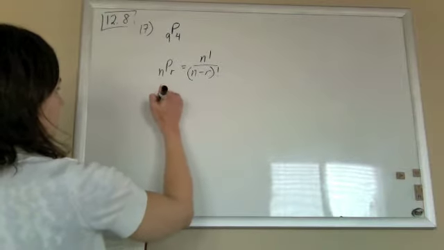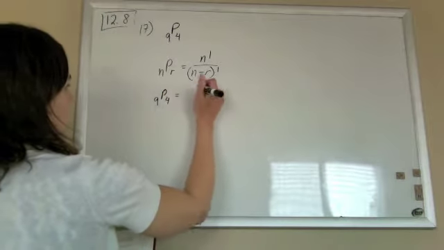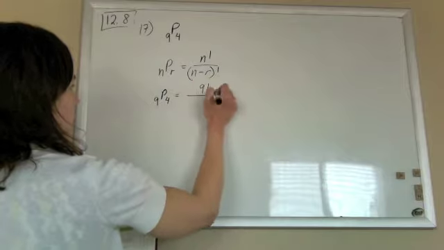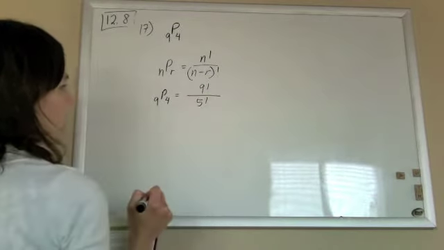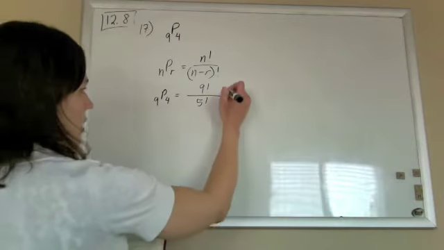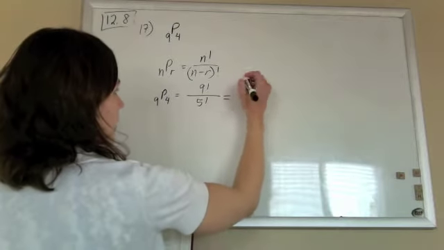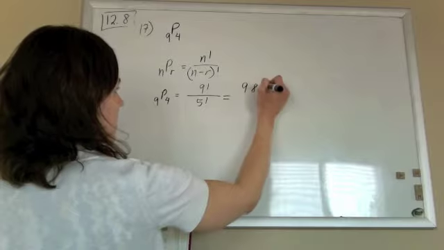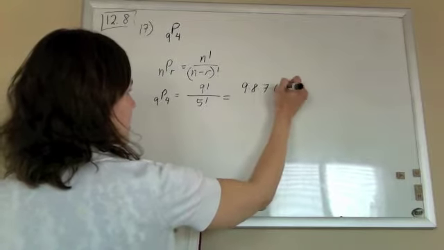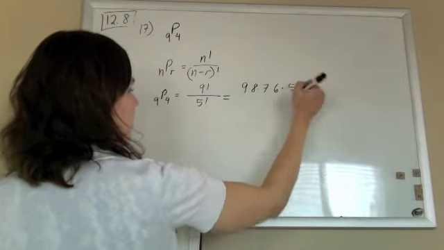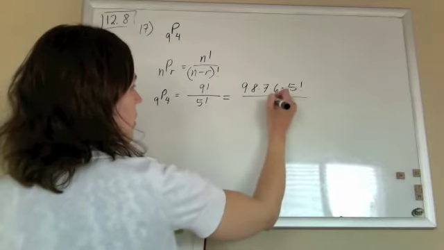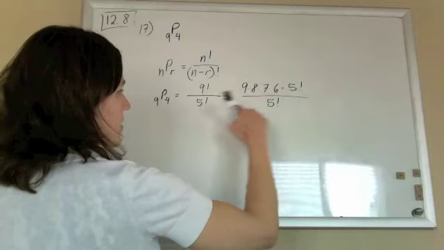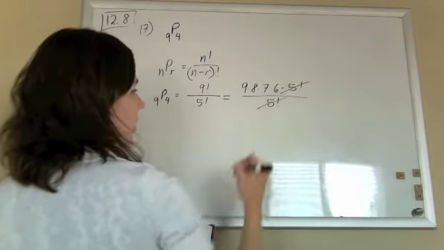So here, if I want 9P4, it's going to be 9 factorial over 9 minus 4, which is 5 factorial. When I go to solve this, 9 factorial is 9 times 8 times 7 times 6, and I'm just going to leave 5 times 4 times 3 times 2 times 1, which is 5 factorial, so that it'll cancel with the 5 factorial down there.